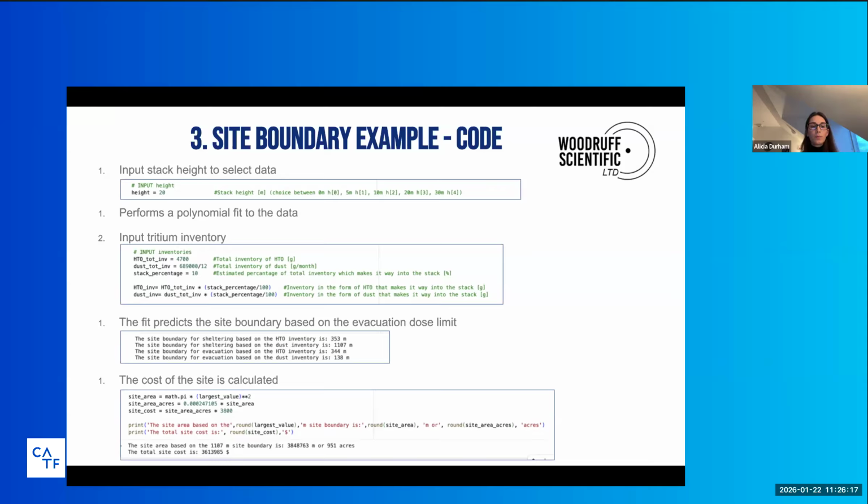So that site boundary then serves as a radius to calculate an area and how much land we actually need for the site, and it gets translated into a cost. So this is an example of how we implemented one of the safety aspects into the cost model. Going ahead, into the next slide, please.